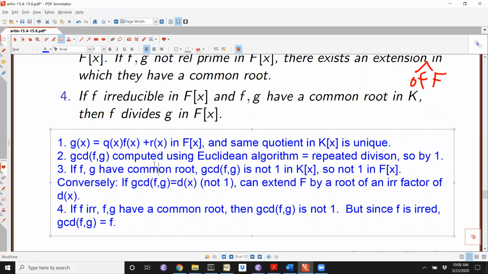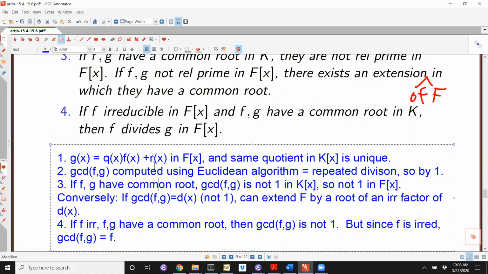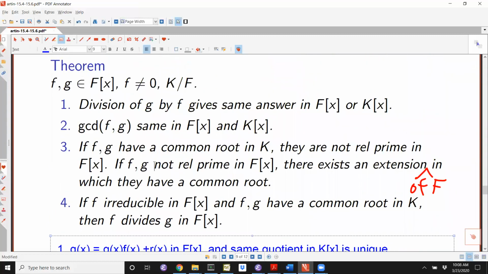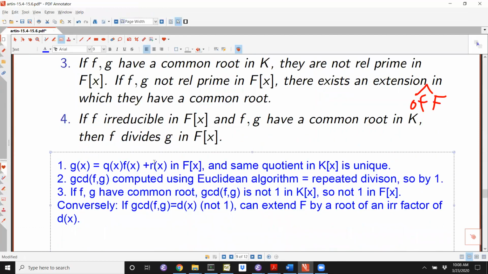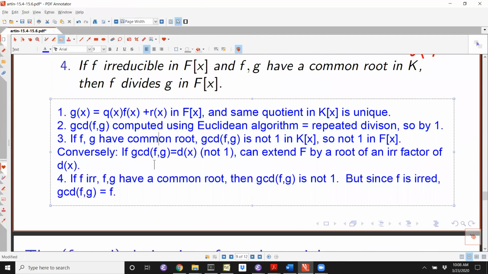Well, anyway, so there's a quick rundown of why those 4 things are true, but it'll be important later to know those facts mostly.